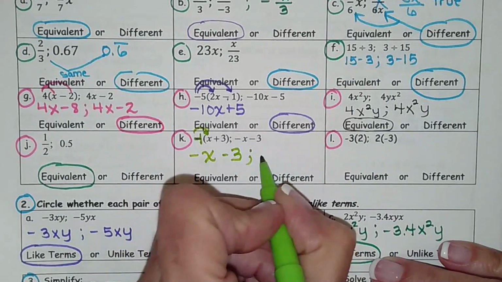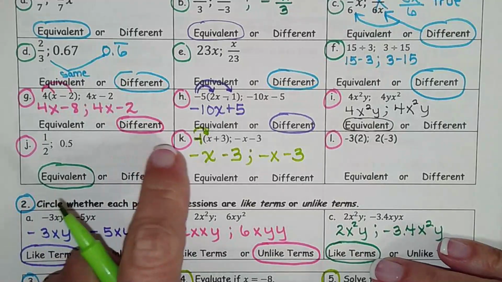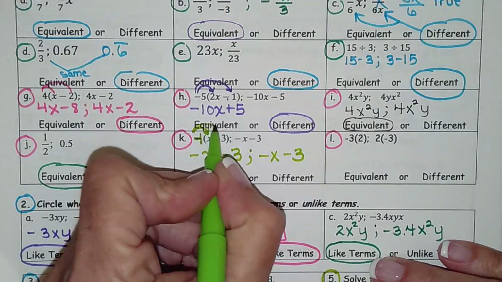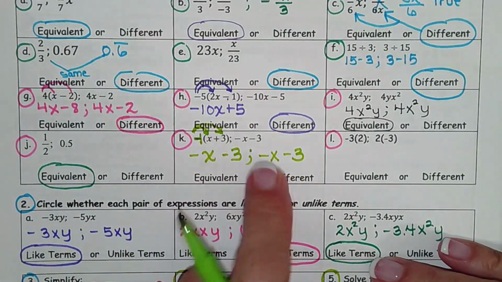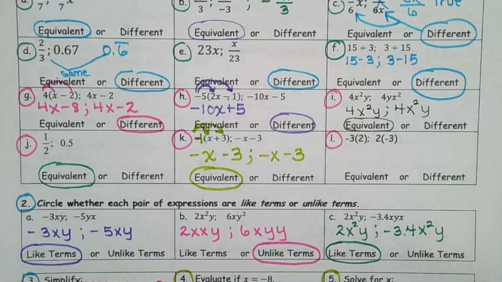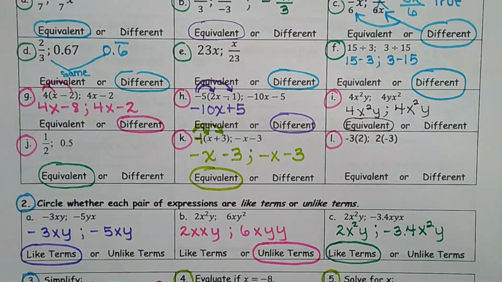So once we've distributed, we see that they are identical. Negative 1 times x, negative 1 times 3, negative 3. Same. So you can see sometimes you have to simplify one of them, maybe change its form before you can compare them.